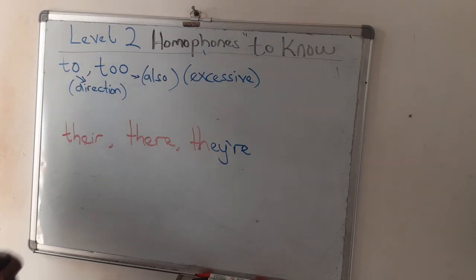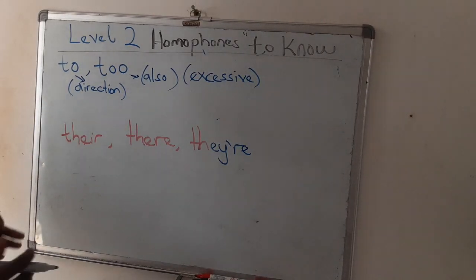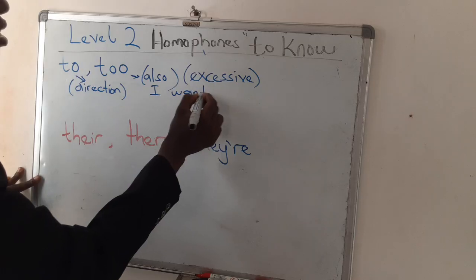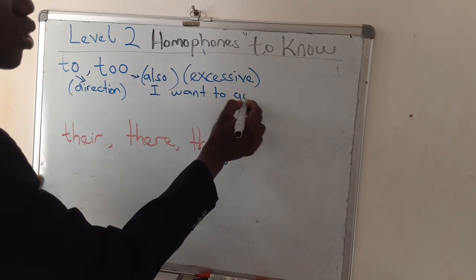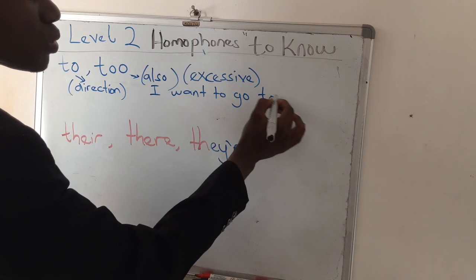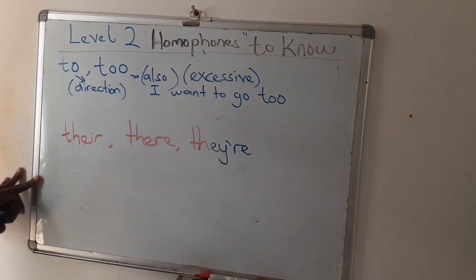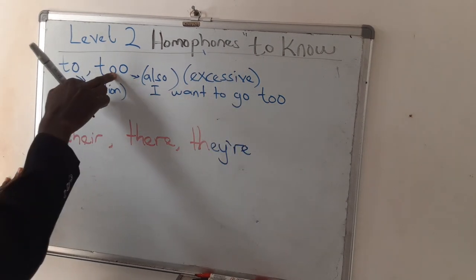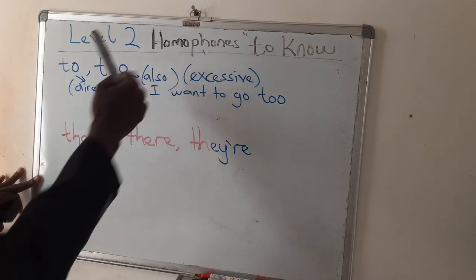Let's first start with also. For example, when you say, I want to go too. Okay? I want to go too. So we are dealing with this too, the first meaning of also.